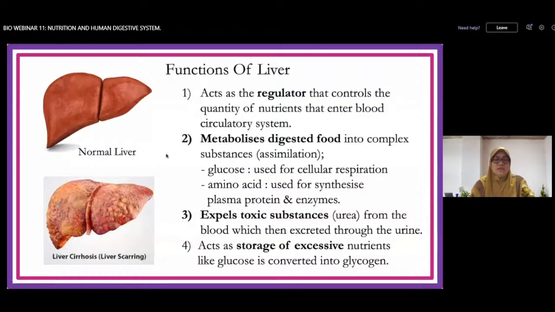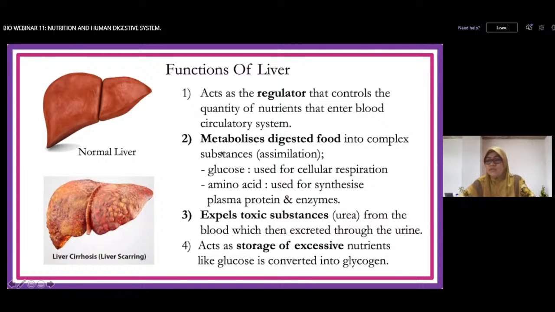Asalnya liver dia normal, kemudiannya tisu-tisu liver yang normal tu dah bertukar menjadi skar. Ni apa bahasa Melayu? Parut kan, dia tumbuh parut macam tu. So bila dia jadi macam ni, fungsi normal liver tu dia tak berfungsi dengan baik lah. Fungsi yang keempat ni dia tak boleh jalankan lah ya.